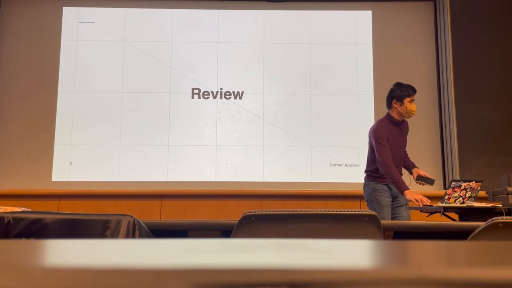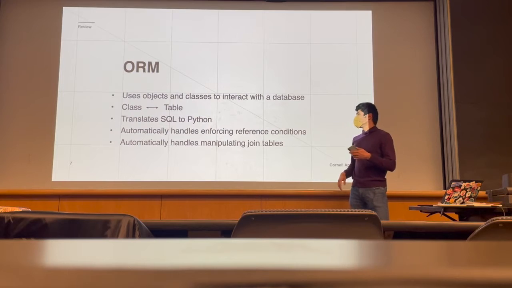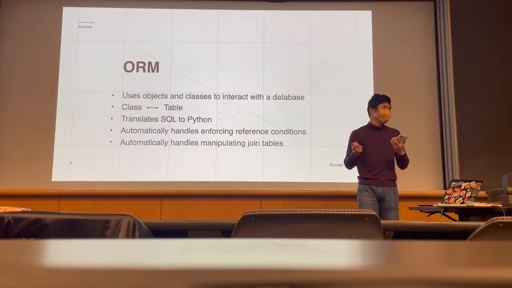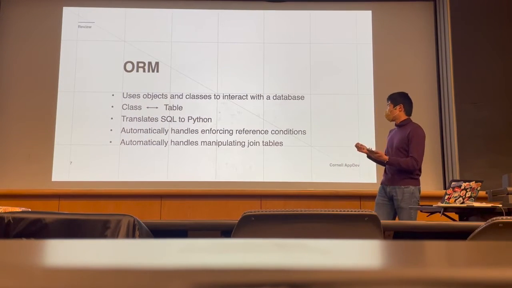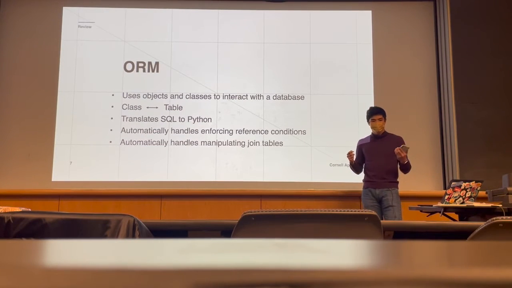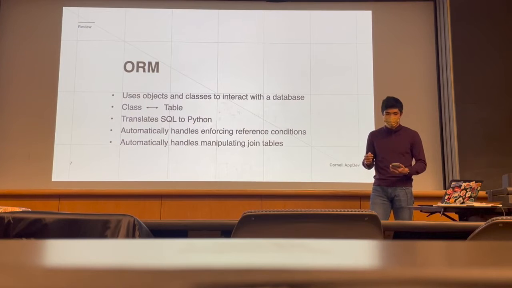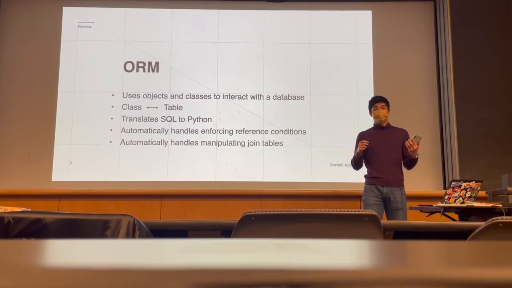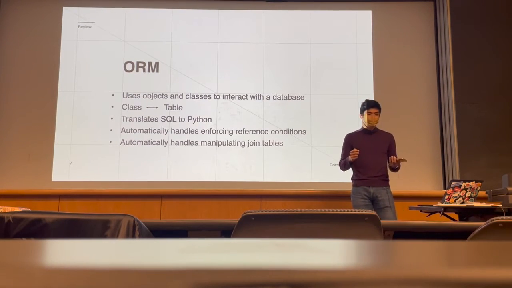So quickly some review of what we've covered last week. So we covered ORMs, and ORMs is the concept of using objects and classes to interact with a database. Rather than using raw SQL, we'll be using Python to interact with our database. And honestly, I know a lot of people prefer ORMs.